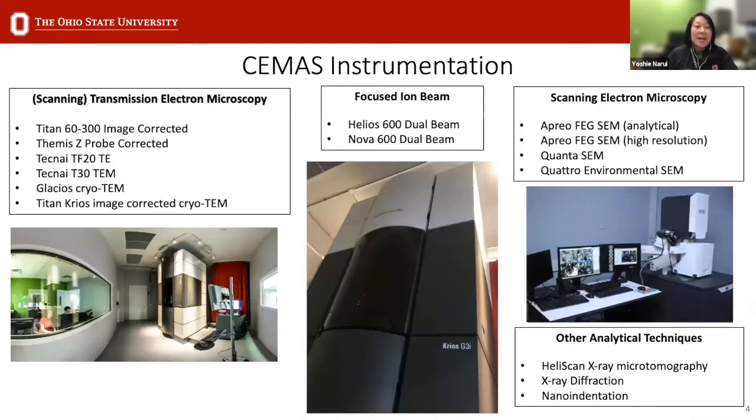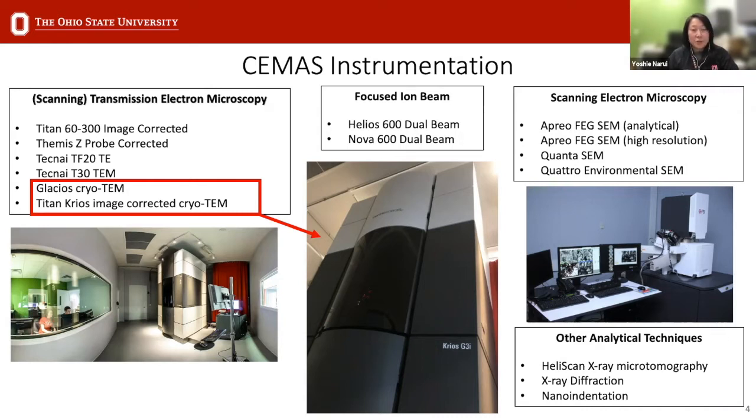Obviously there are quite a few instruments housed in this facility. They all meet or exceed the manufacturer's specifications. So we have a great custom designed facility out here on West Campus. I'm just going to be specifically talking about the Glacios, which is our 200 kV Cryo-EM, and our Krios, which is our 300 kV CS corrected Cryo-TEM.